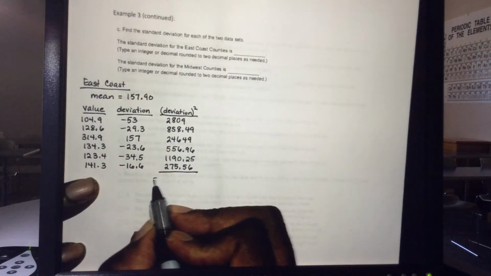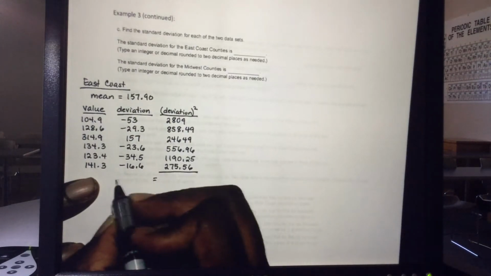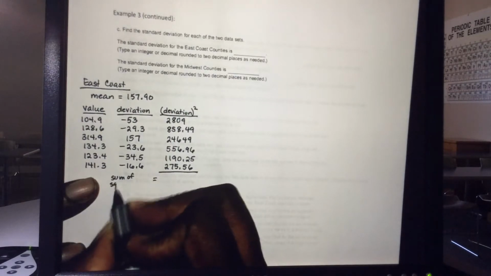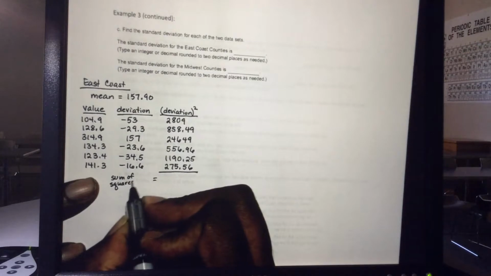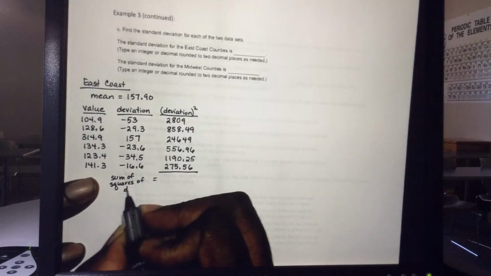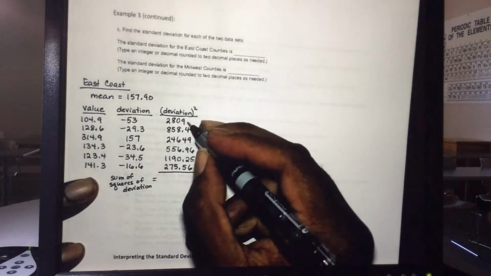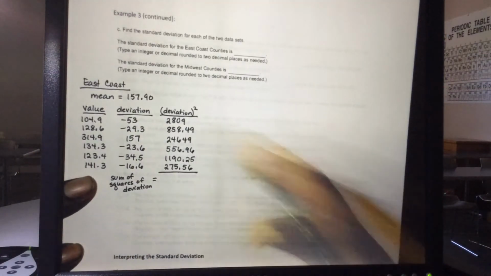Now this last column will be the sum of the squares of your deviations. You're going to add these numbers together.